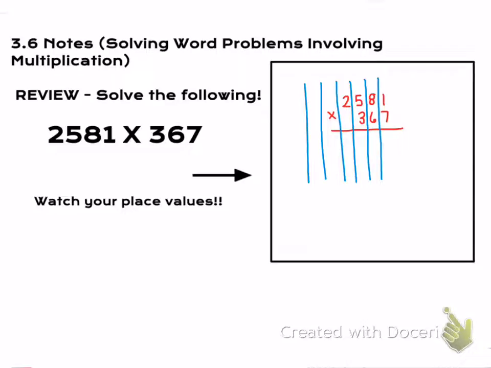So I'm going to start with 7 times 1, which is 7. 7 times 8, which is 56. I put the 6 in the tens place, and I carry the 5 to the next place value after I just multiplied these 7 times 8.